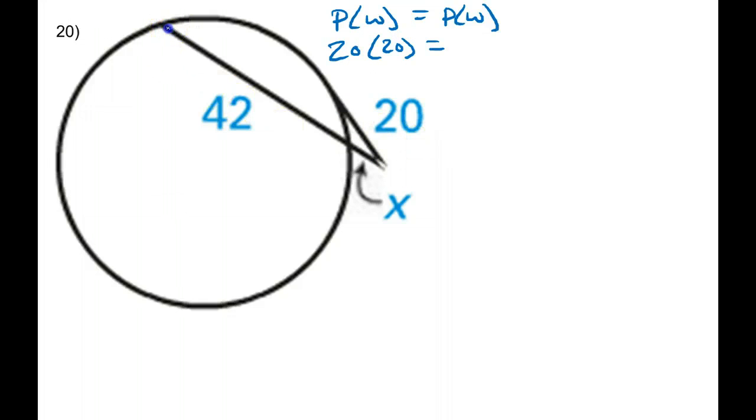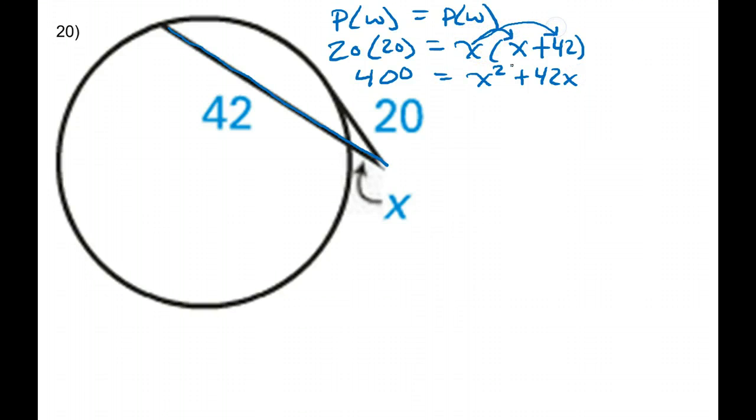But for this segment right here, x is the part and the whole is x plus 42. Okay, so this is almost the same as the last problem. So this is going to become 400 is equal to x squared plus 42x. Again, with the distributive property.